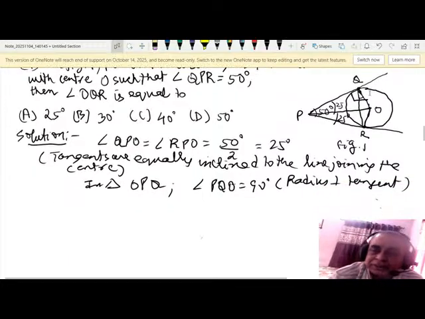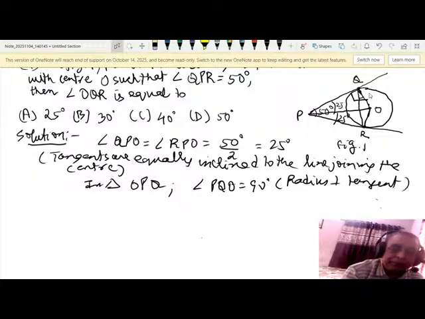The sum of the three angles in any triangle is 180 degrees. So first find angle POQ.